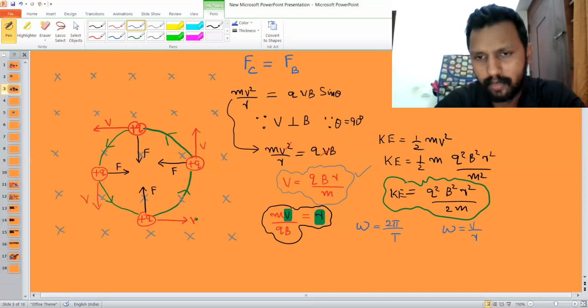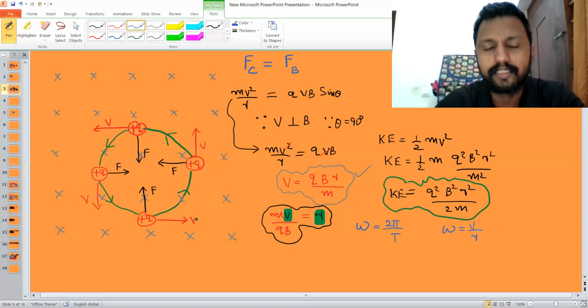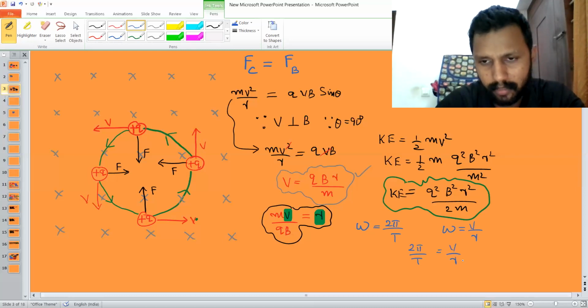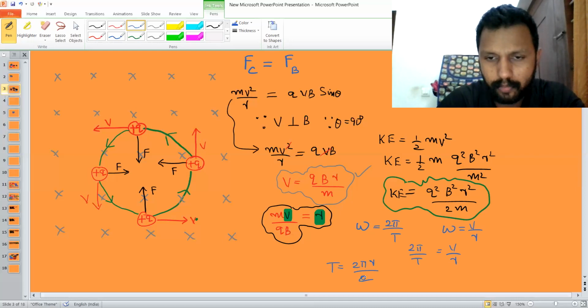These are the two expressions that we have learned in our +1 for angular velocity. Then we can write 2 pi by T is equal to v by r, and ultimately T is equal to 2 pi r by v.